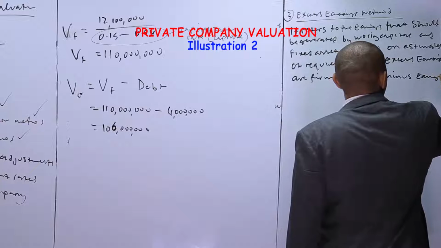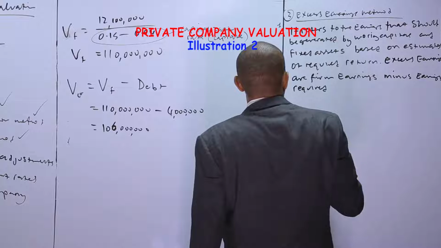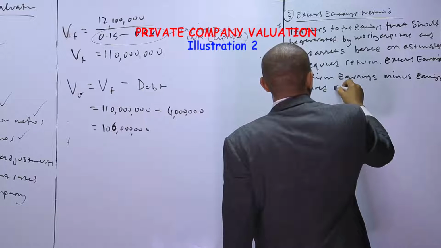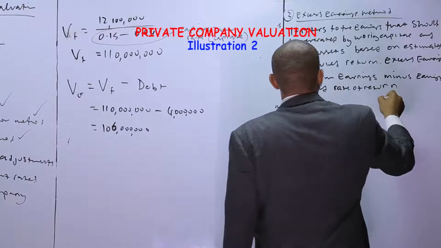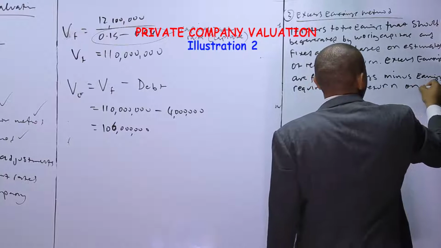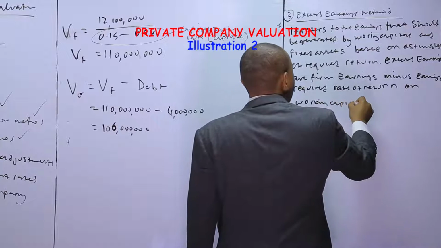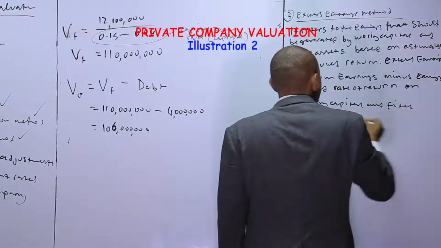That is, excess earnings are firm earnings minus the required rate of return on working capital and fixed assets.